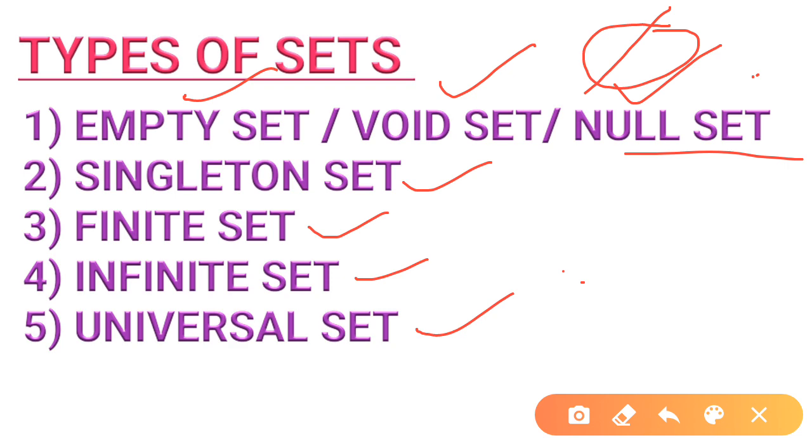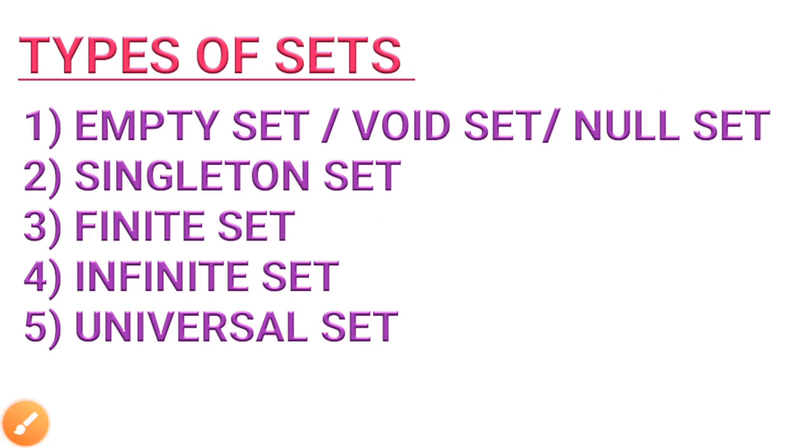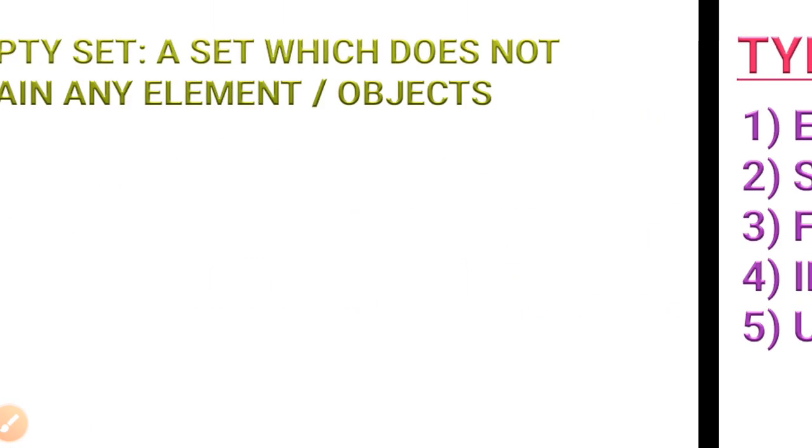The first one is empty set, the second one Singleton set, the third one finite set, the fourth one infinite set, and the fifth one universal set. Right? So see one by one.